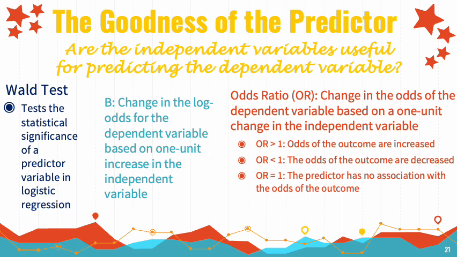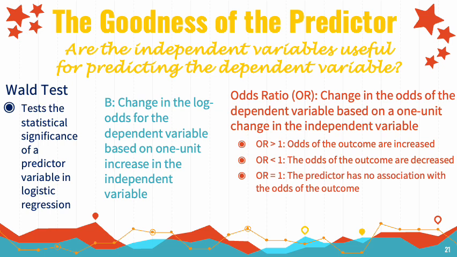In bivariate logistic regression, the odds ratio, OR, tells us the change in the odds of the dependent variable, such as getting a disease or dying from surgery, based on a 1 unit change in the independent variable, such as weight. The odds ratio tells you how much more or less likely the outcome event is for individuals with a specific predictor value compared to a reference or baseline.